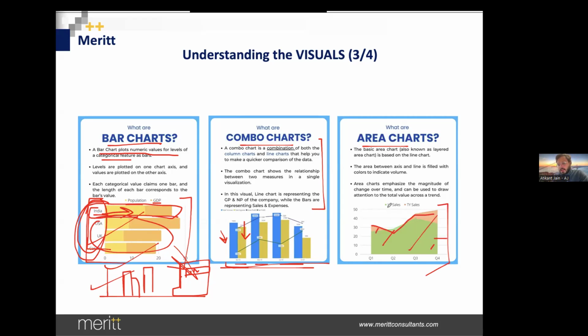Green is my last year sales as seen on the legend, and orange is this year's sales. If you want to compare last year's versus this year's sales, or in HR you would say attrition or some other metric, you can use these kinds of area charts. An area chart emphasizes the magnitude of the change over time. So if you want to capture the magnitude of those changes, then an area chart is a very good idea.